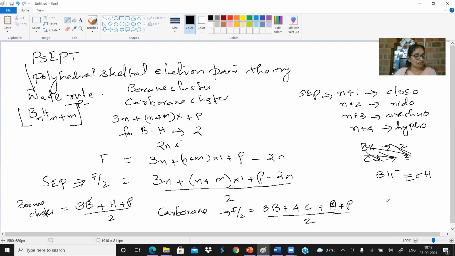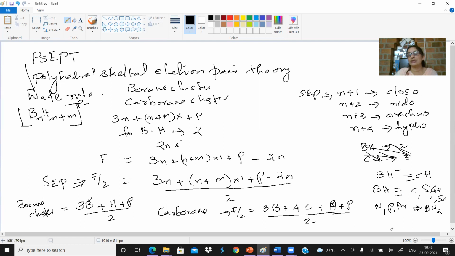Similarly, since this is CH, BH can be equated to carbon, similarly silicon, germanium. So when substitution happens, remember that it is a BH unit as a whole being substituted by a carbon, silicon, germanium, or tin. Similarly, if there are nitrogen or phosphorus or arsenic in the framework, then that is equivalent to substituting a BH2 unit.